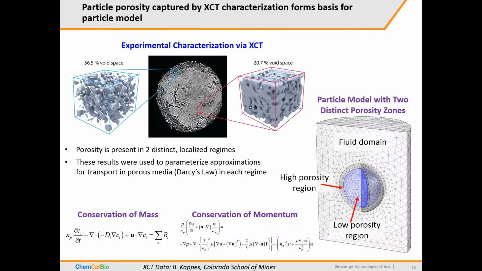As you might imagine, transport through these different regimes is quite different, and we can model that explicitly. We can also use approximations for transport in porous media, which reduce the computational load substantially. There's a finite element model here showing how we model this, and a few conservation statements at the bottom that we use to solve this in a finite element format. I won't belabor the math today.